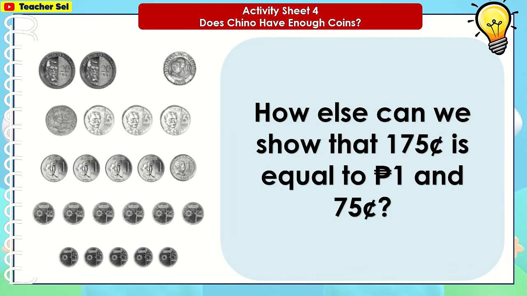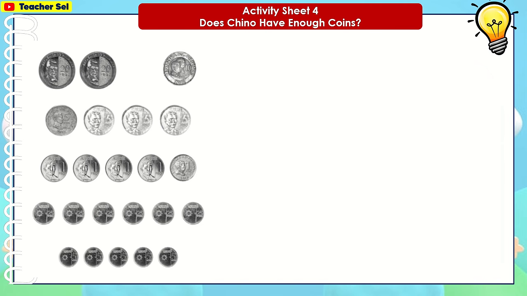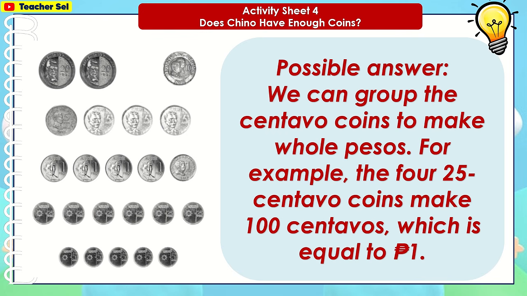How else can we show that 175 centavos is equal to 1 peso and 75 centavos? Here is the possible answer. We can group the centavo coins to make whole pesos. For example, the 4 25 centavo coins make 100 centavos, which is equal to 1 peso.